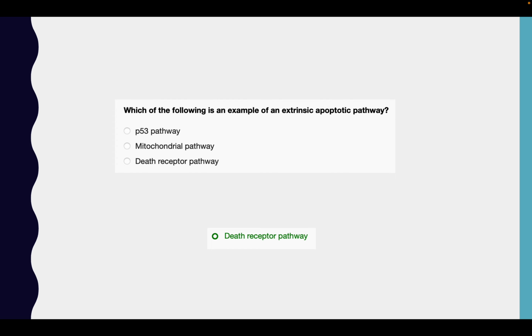तो इसमें एक होगा रिसेप्टर मीडिएटेड जिसमें हमारा डेथ रिसेप्टर पाथवे आ जाएगा. एक आएगा TNF सुपर फैमिली पाथवे. और FAS पाथवे. और AKT पाथवे.